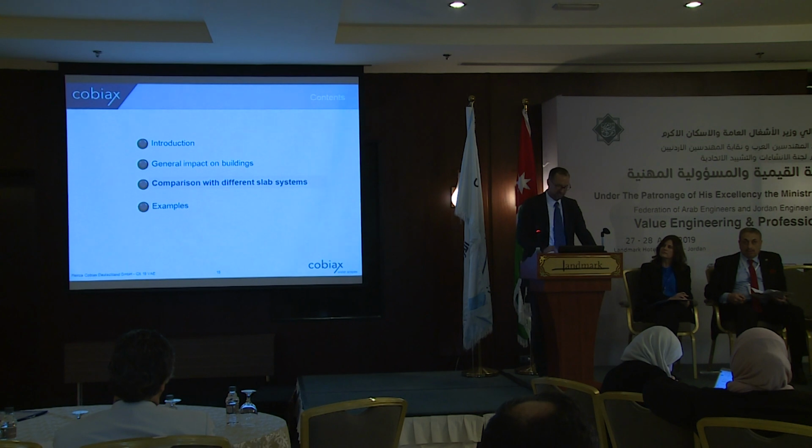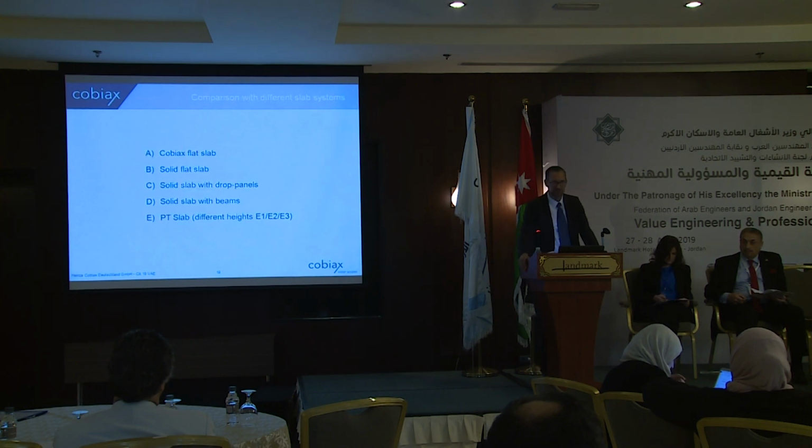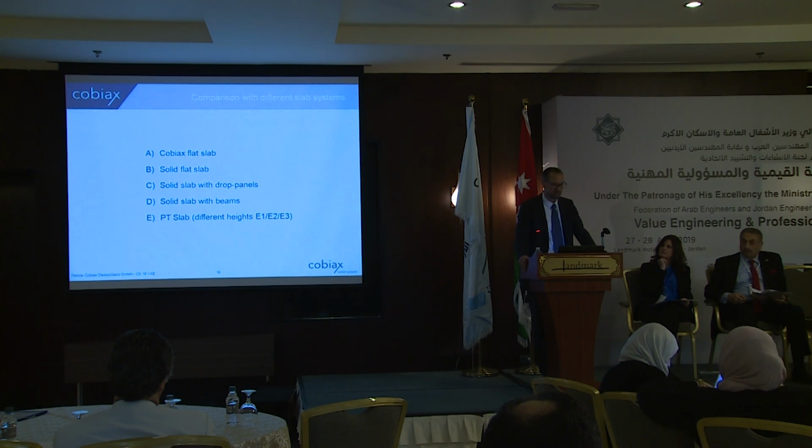Okay, that was an example, and now I would like to come to the next point, where I try to make a comparison with different well-known slab systems. I started with a calculation of a Kobiax flat slab. Then I compared it with a solid flat slab, that's B. Then C is a solid slab with drop panels.